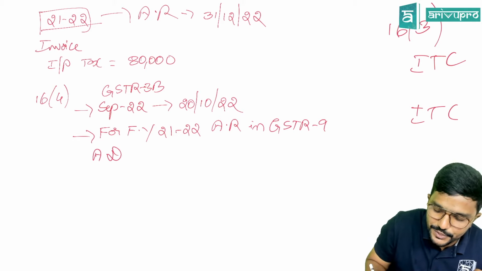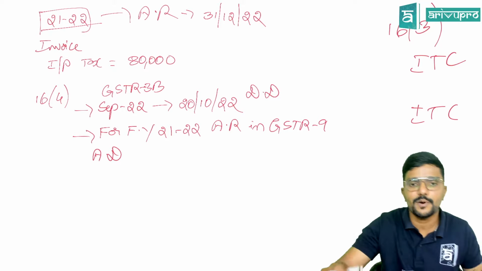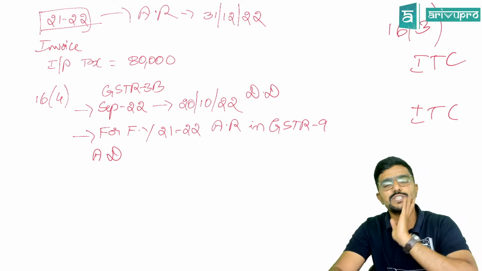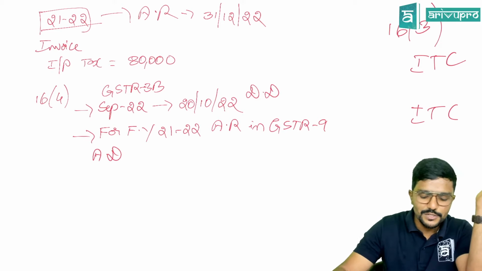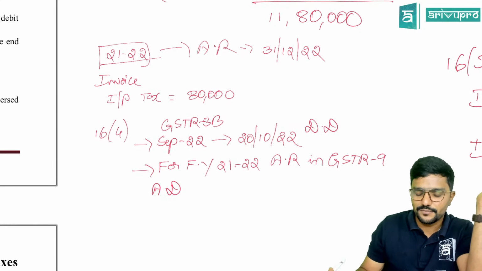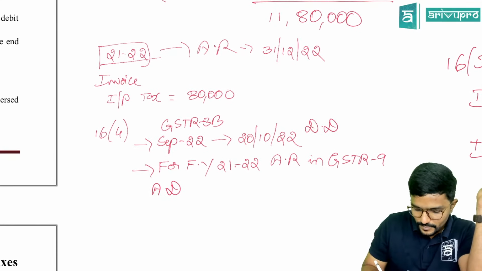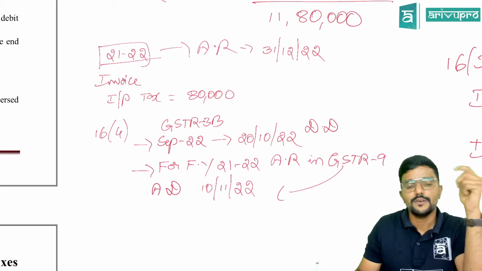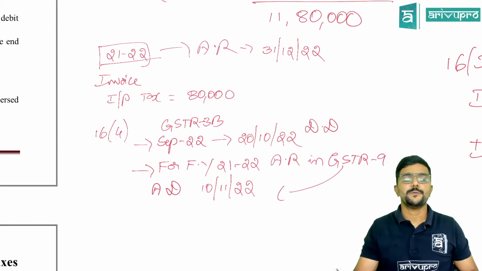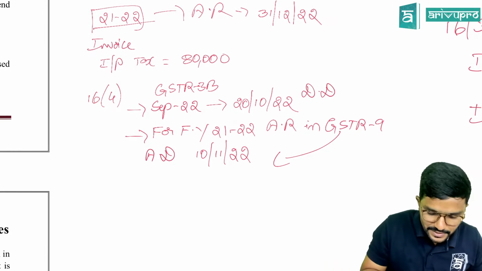So here it was the due date, whereas in the second point, the actual date. So obviously the actual date will not remain fixed from person to person. It varies. Assume in my example, the recipient has filed it on 10th November 22, he has filed GSTR 9 for the financial year 21-22. In that case, compare these two.